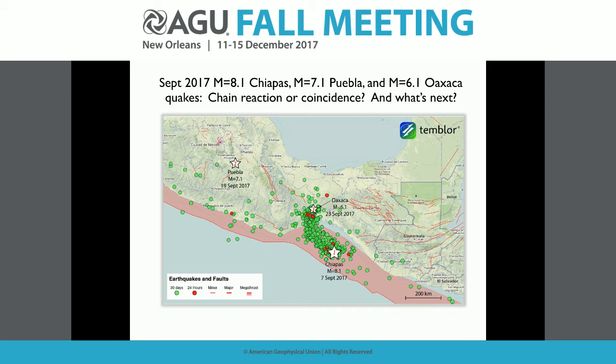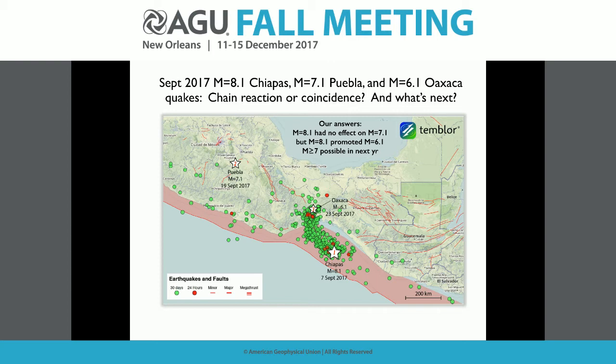And the answer that we have is that the first one probably had no effect on the second one, but the first one just influenced the third one. And then we would expect another large earthquake possibly in the next year. So that's what I'd like to present.